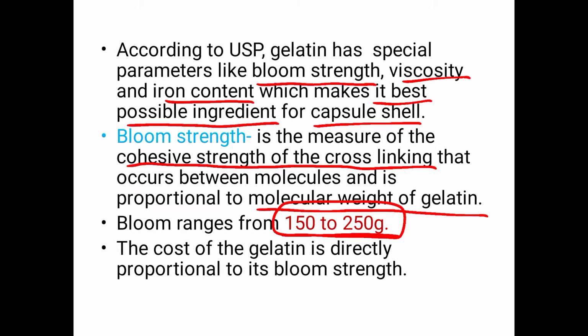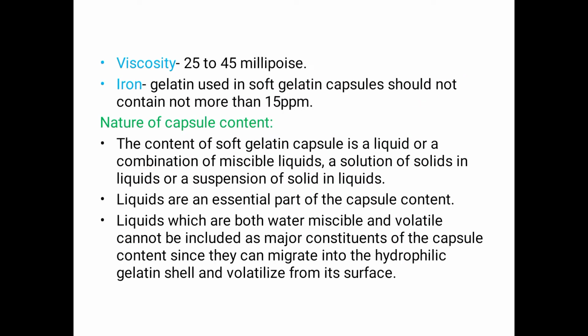The cost of the gelatin is directly proportional to its bloom strength. Viscosity of the gelatin can range from 25 to 45 millipoise. Iron content: gelatin used in soft gelatin capsules should not contain more than 15 ppm of iron.